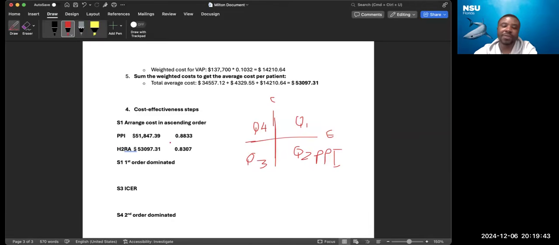It is more expensive, and then it is less effective. So that's why the H2 array is dominated. So this one is the dominated quadrant, and this one is the dominant quadrant. So the PPI is dominant, and then the H2 array is dominated.